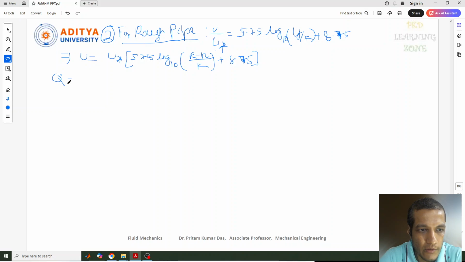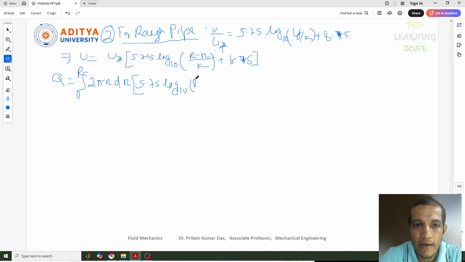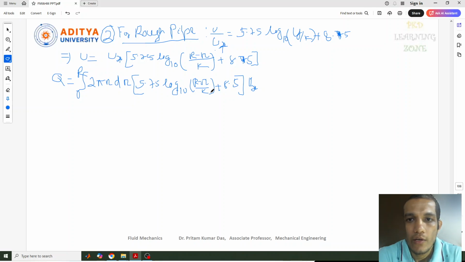So the same thing we can write: integration 0 to R of 2 pi r dr into 5.75 log 10 of (R minus r) by k plus 8.5, into u star. This is the equation we got.